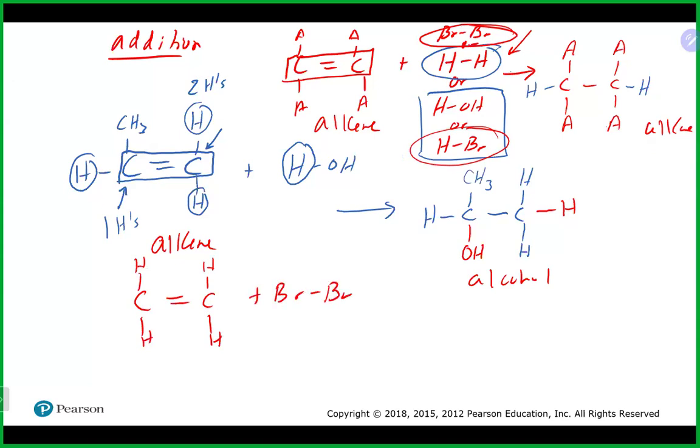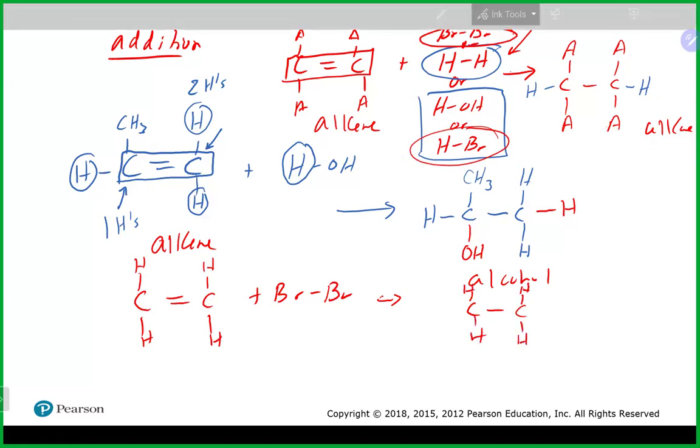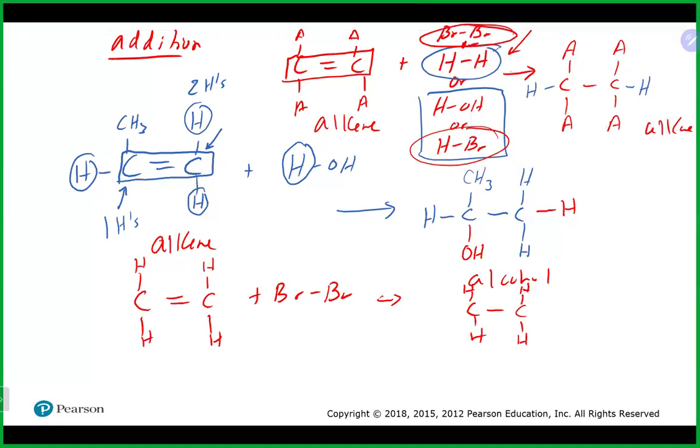We just make the double bond into a single bond, and each of those carbons just gets a bromine. This is a halogenation reaction because we added two halogens from group 7, which is the halogens.